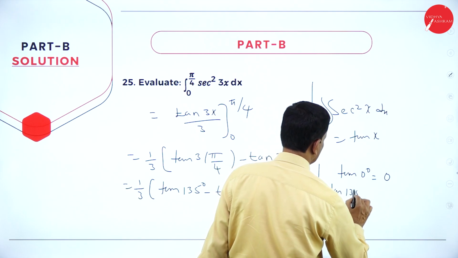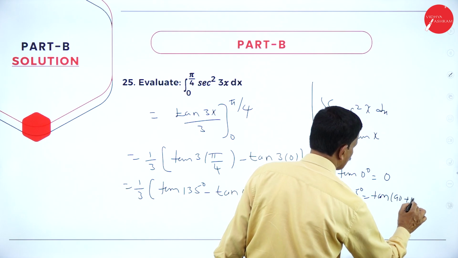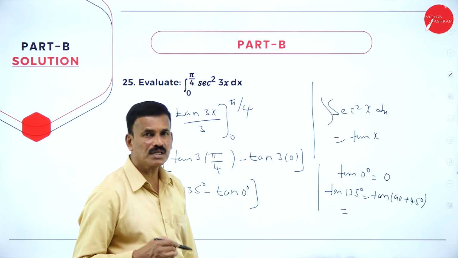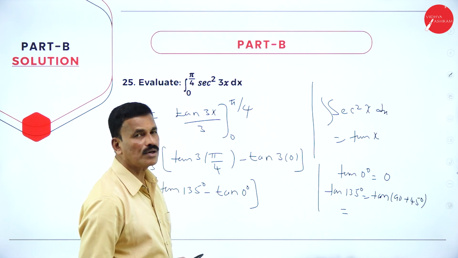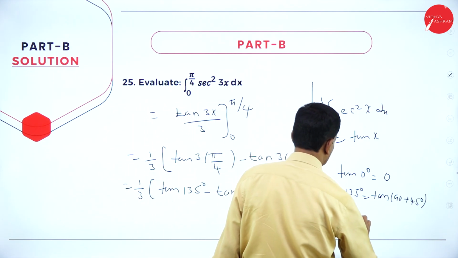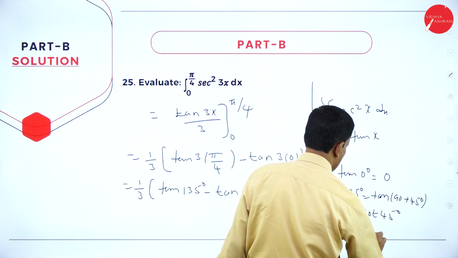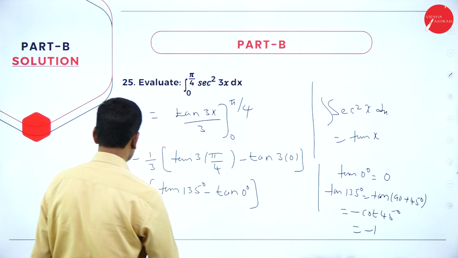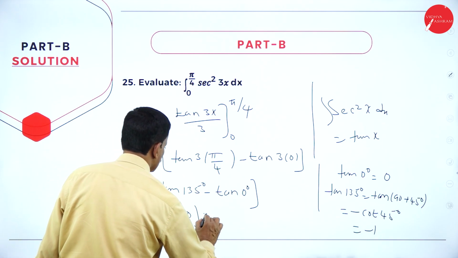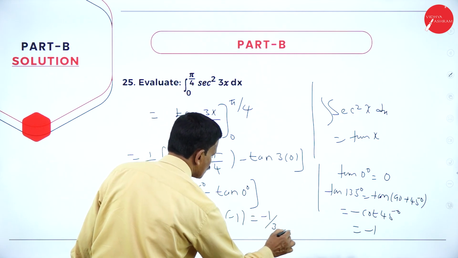Tan 135 can be written as tan of 90 plus 45. 90 plus 45 comes in the second quadrant. In second quadrant tan is negative. Tan 90 plus 45 is minus cot 45. What is cot 45? That's equal to 1, so minus 1. So 1 by 3 into minus 1 minus 0, that is 1 by 3 into minus 1, this is equal to minus 1 by 3.